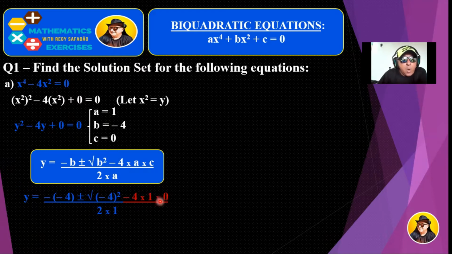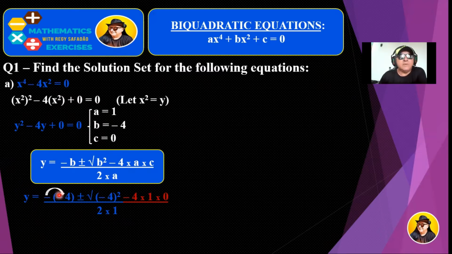Why did I write this in red? Because this part of my equation will be removed. Why? 4 times 1 is 4, but 4 times 0 is 0. So everything here is going to be removed, okay? And also, don't forget that minus and minus is plus. So from now on we will have a positive 4, all right?